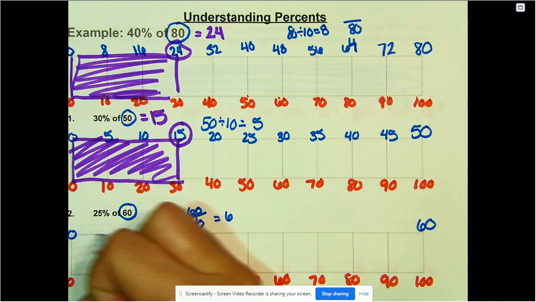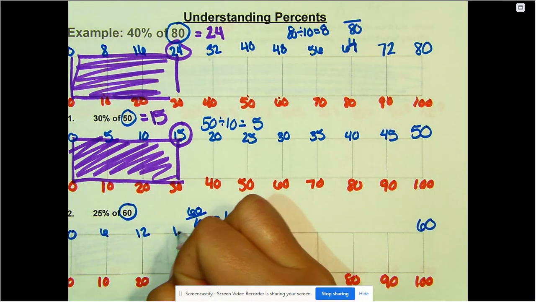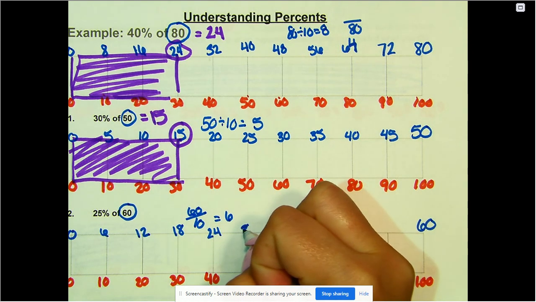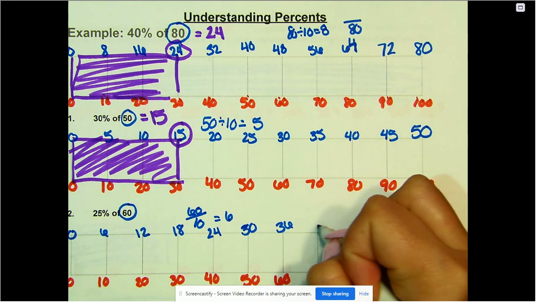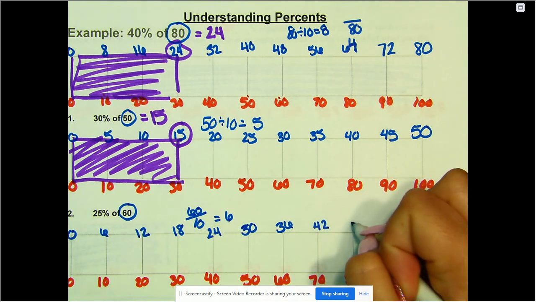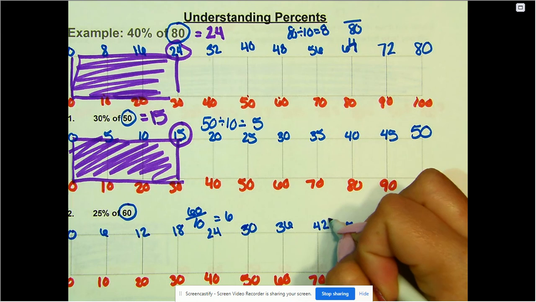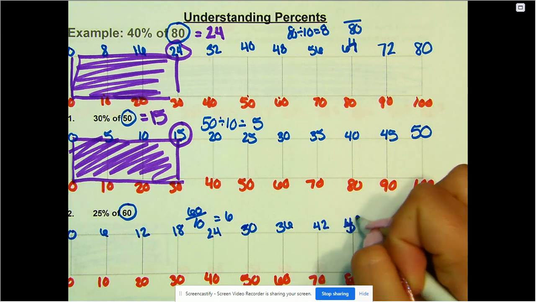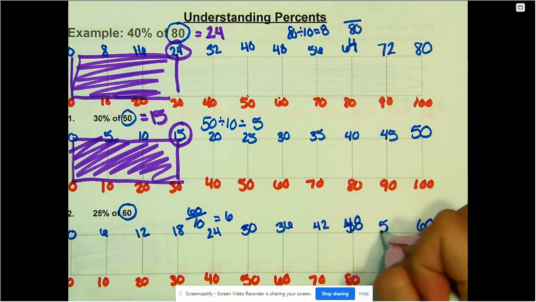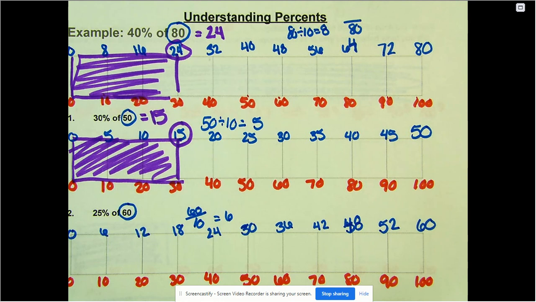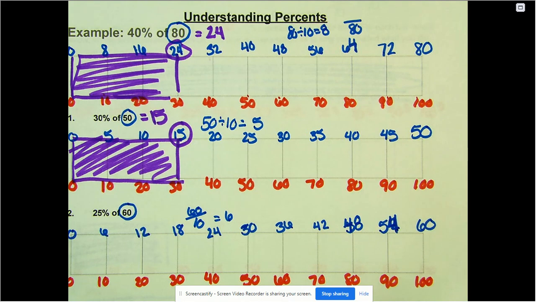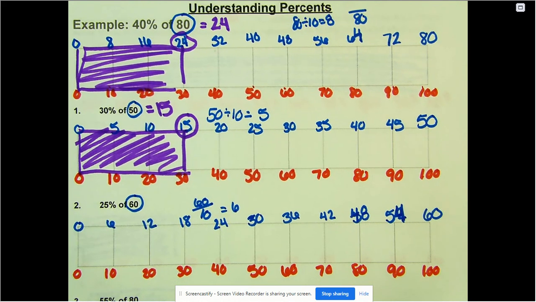Okay, so it'd be 0, 6, 12, 18, 24, 30, 36, 42, 48, and then 54. Okay, so now we are shading in.